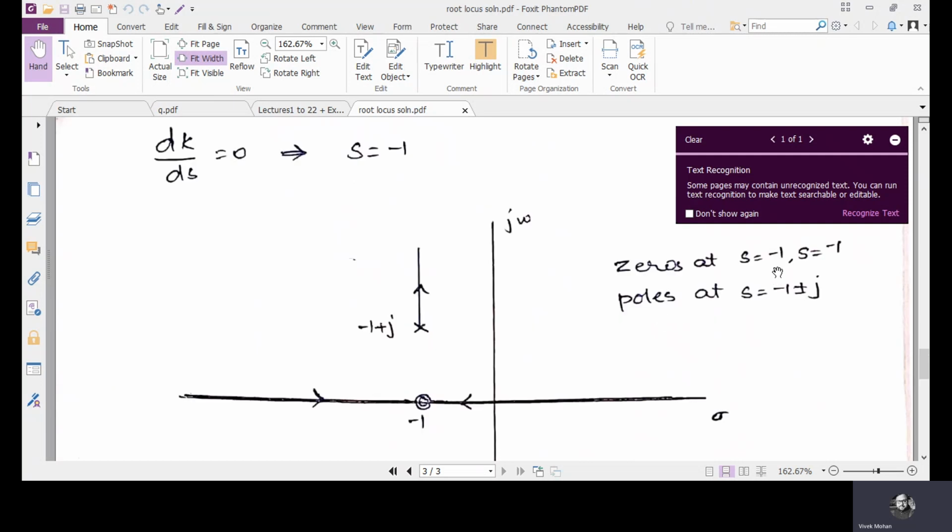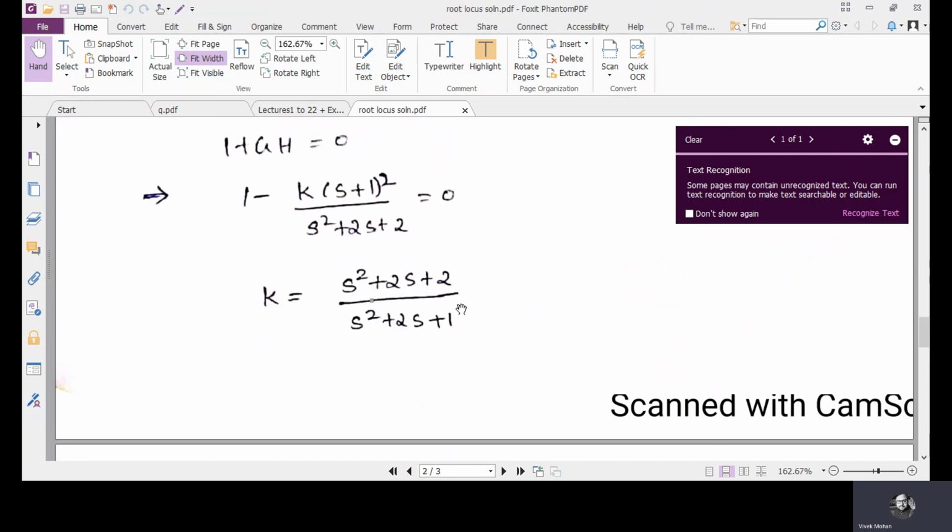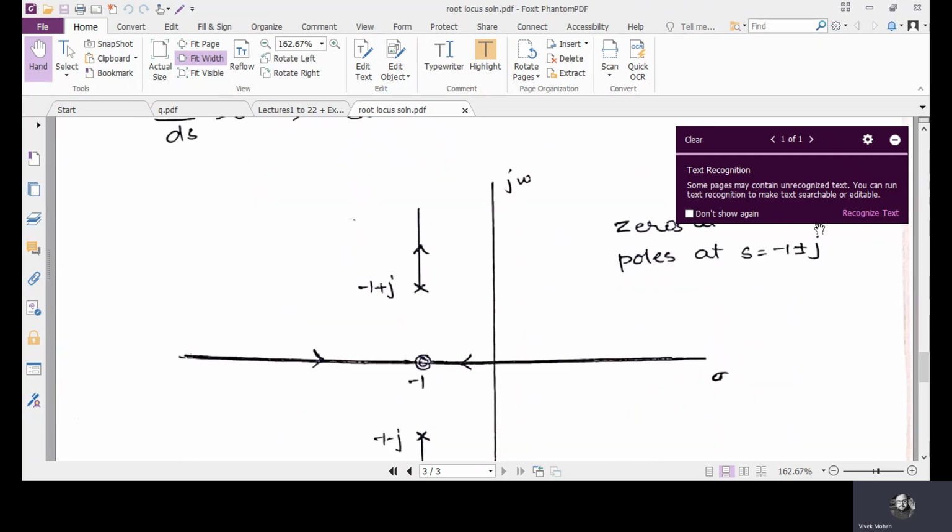We have two zeros at s equals minus 1 and two poles at s equals minus 1 plus or minus j. If we solve this particular equation s squared plus 2s plus 2 equals 0, then we get the poles at s equals minus 1 plus or minus j. So these are the poles and these are the zeros. Now we have only zeros on the real axis.